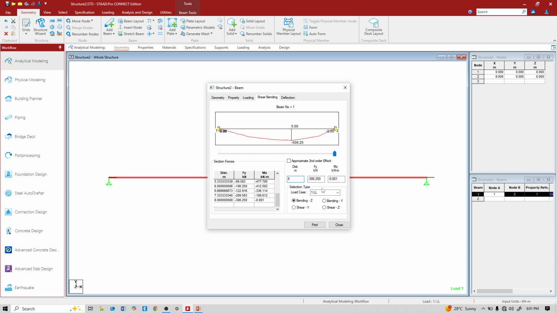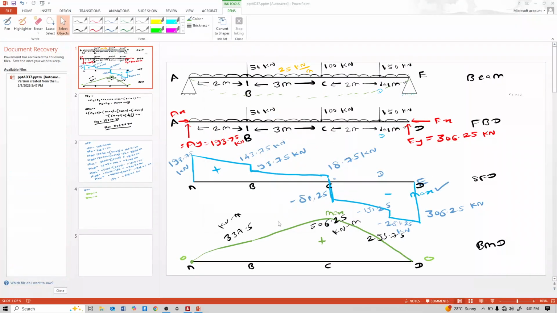Now let's see movement. See, at 2 meter, this Mz is minus 337.501. Our movement is positive. This is the difference between manual calculation and StatPro calculation.